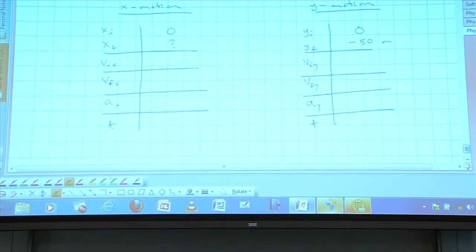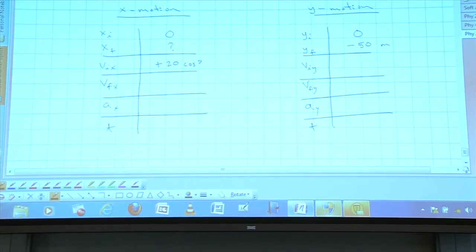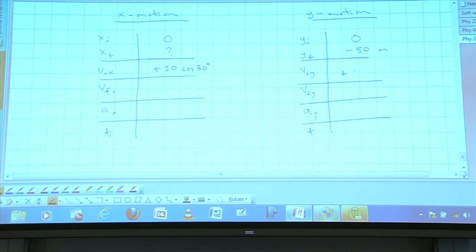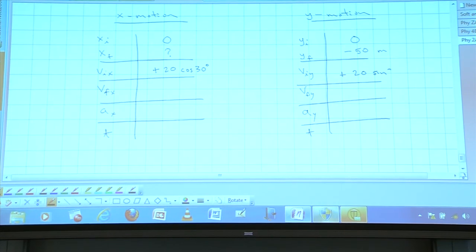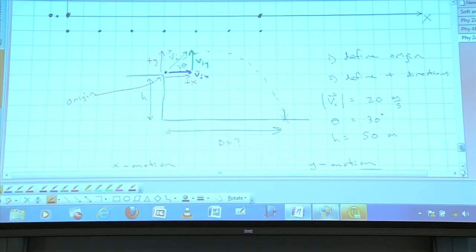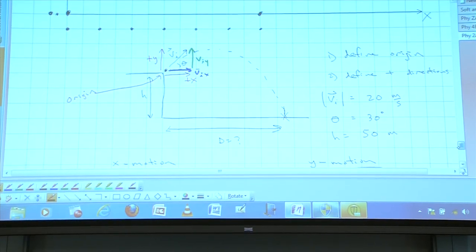So in our x direction, we have positive 20 cosine 30 degrees, and in our y direction, it's also positive 20 sine 30 degrees. You see that?